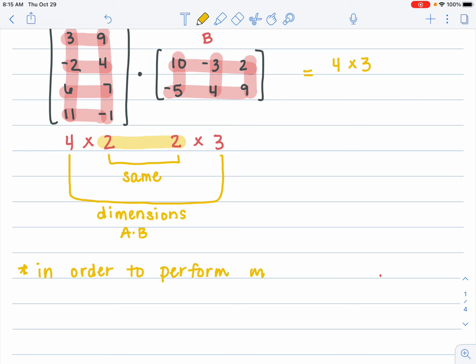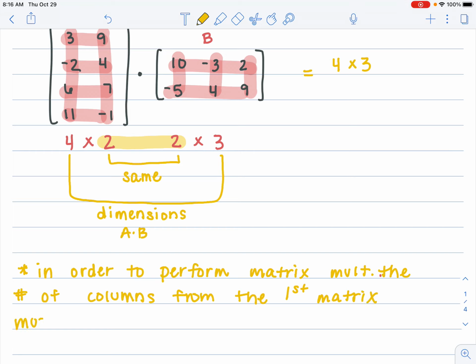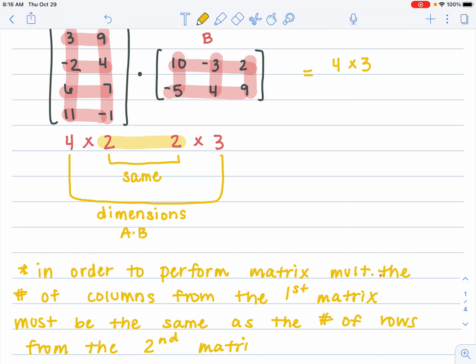In order to perform matrix multiplication, the number of columns from the first matrix must be the same as the number of rows from the second matrix.